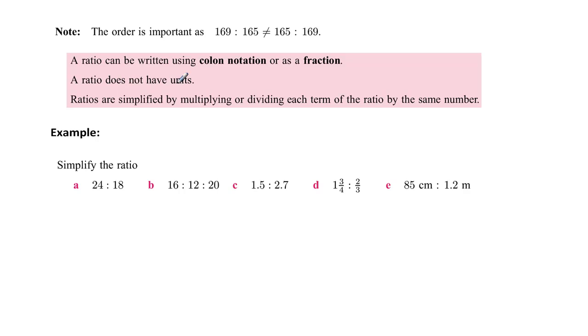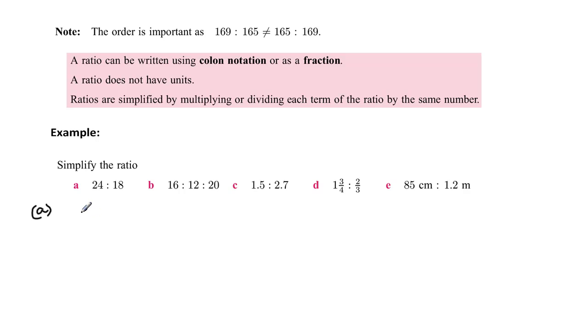Ratios have no units, and also ratios can be simplified. And we're going to do a little bit of this simplifying, but the main thing is that you either multiply or divide all the terms in order to simplify down. So you can't just change one term, you must change both of them. So in this case, we've got some ratios that will definitely simplify down.